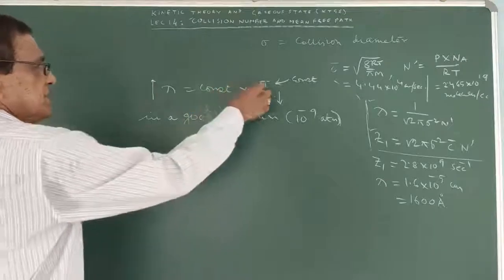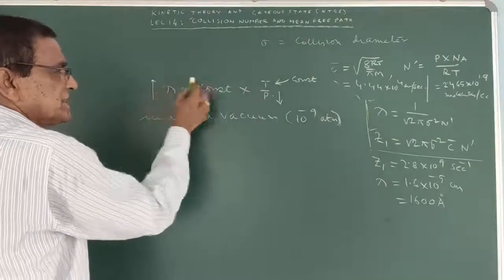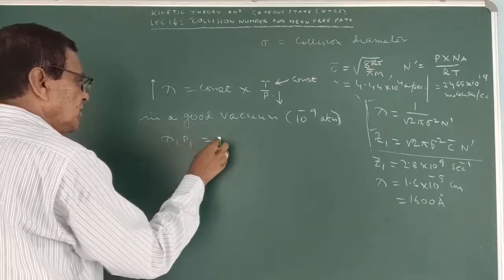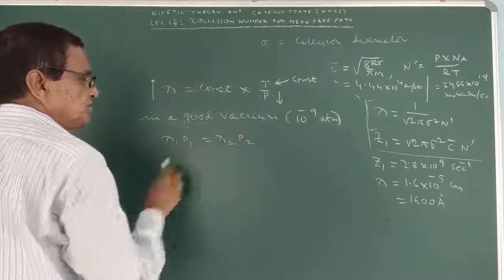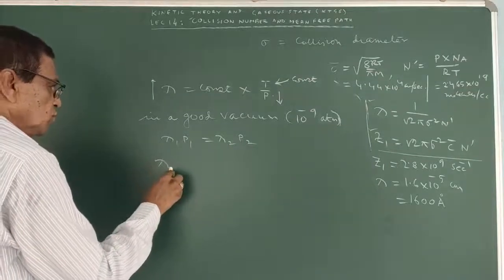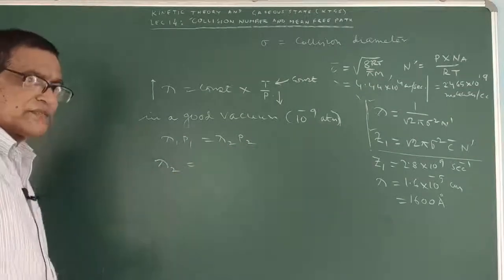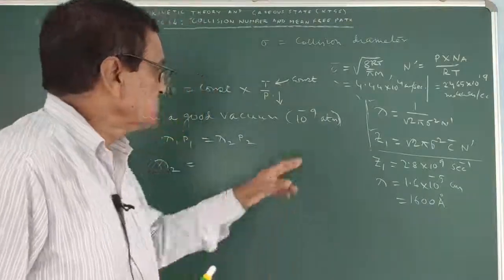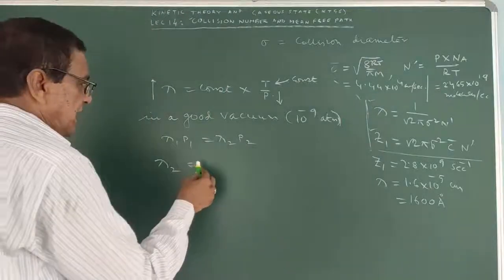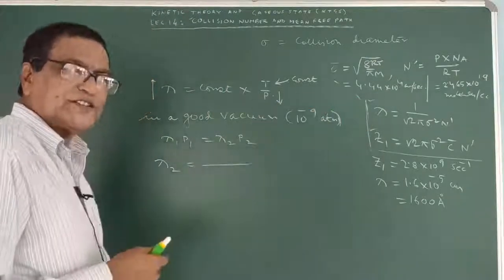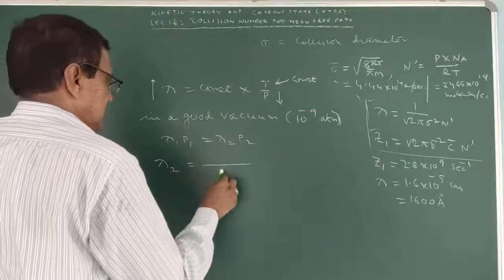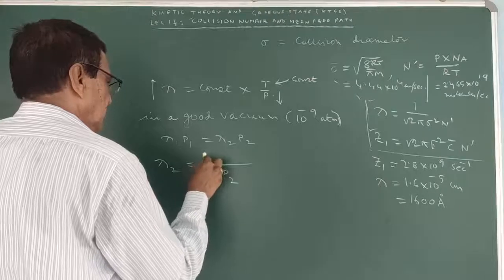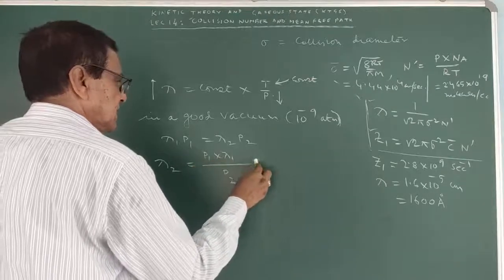When the temperature is fixed, lambda is inversely proportional to P, so lambda 1 P1 equals lambda 2 P2. So lambda 2, the mean free path at this pressure, according to Boyle's law, is P1 times lambda 1 divided by P2.